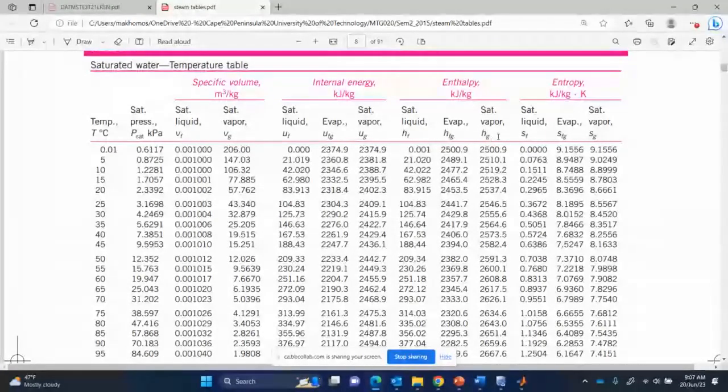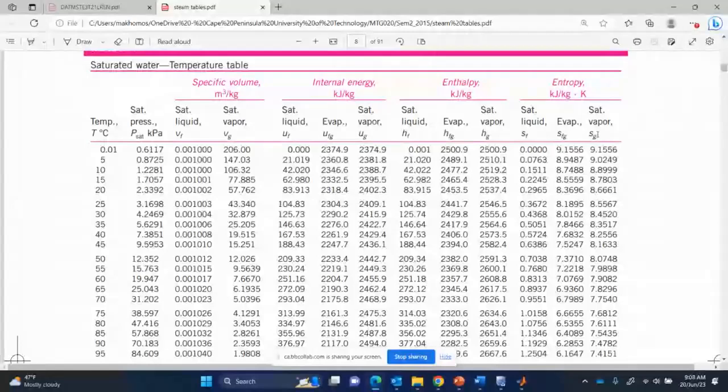And then the last column is entropy. sf is the specific entropy of liquid, followed by the specific entropy of evaporation, and the last one is the specific entropy of dry steam or saturated steam.